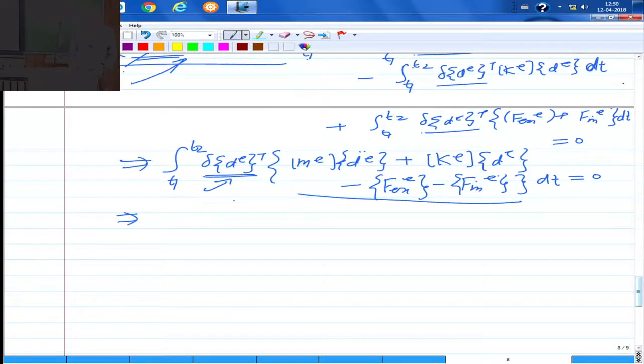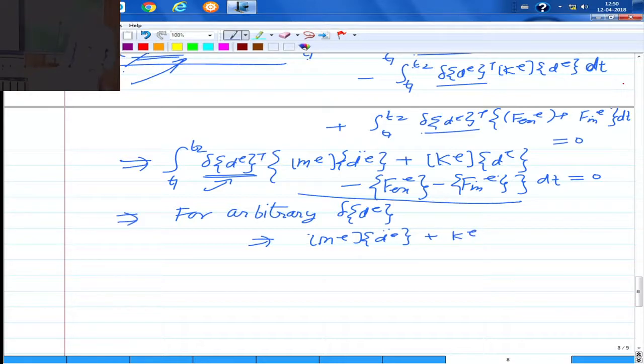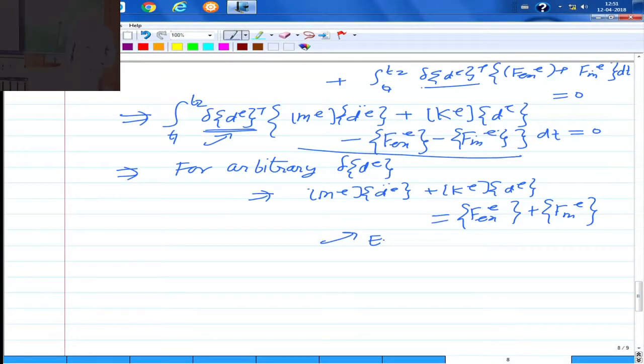So finally, for arbitrary delta of dE, we should have Me into dE double dot plus Ke into dE minus f external minus f internal equal to a null vector. If you take them to the right hand side, you get f external plus f internal. So this is what you call the equation of motion.